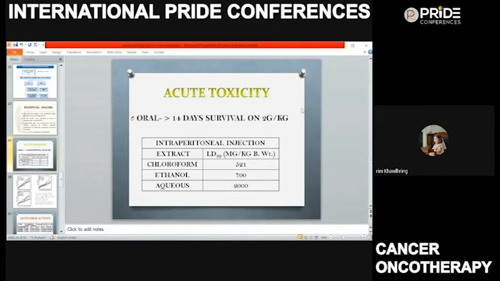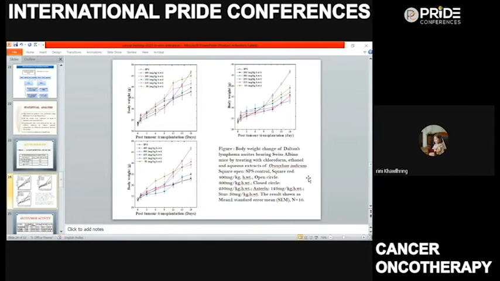So there was no toxicity if we give this extract to the mice orally, and these are the LD50 in case of the different extracts when we give them through intraperitoneal injection. And this slide shows the body weight change of Dalton's lymphoma ascites bearing Swiss albino mice after treatment with different extracts.